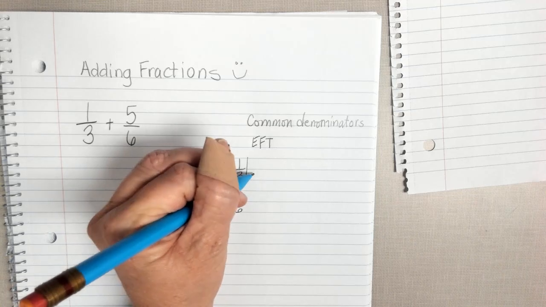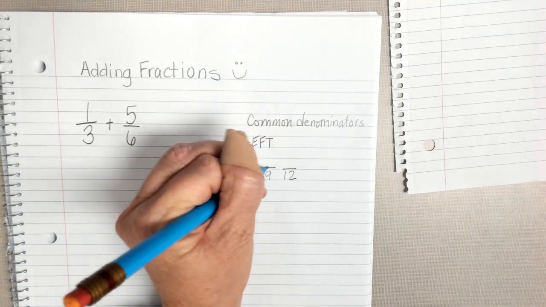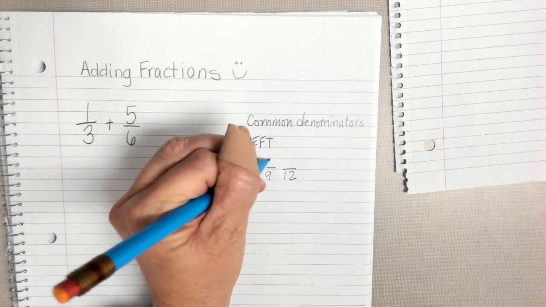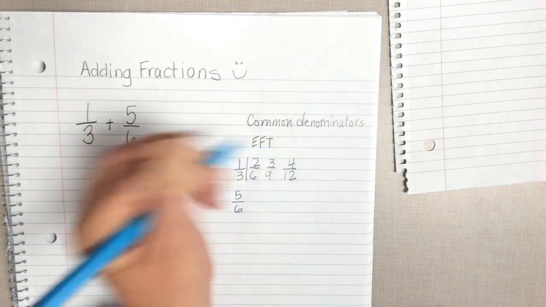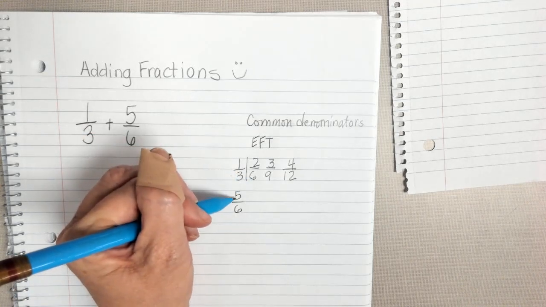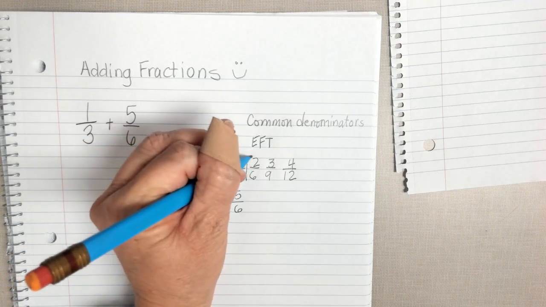So we have 3, 6, 9, 12, and then we have the number 1, 2, 3, 4. And right there I'm going to pause because I noticed that I have 5/6, but I also have 2/6.